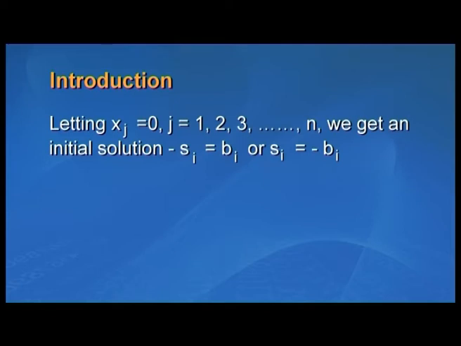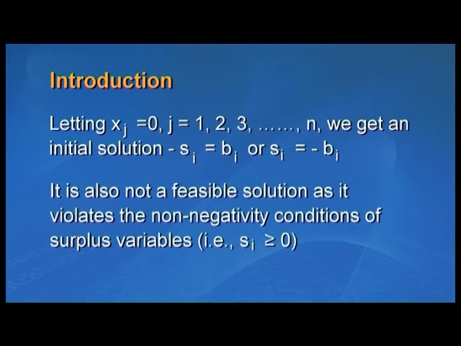Letting xj is equal to 0, where j is equal to 1, 2, 3, up to n, we get an initial solution minus si is equal to bi, or si is equal to minus bi. It is also not a feasible solution as it violates the non-negativity conditions of surplus variables, that is, si is greater than or equal to 0.